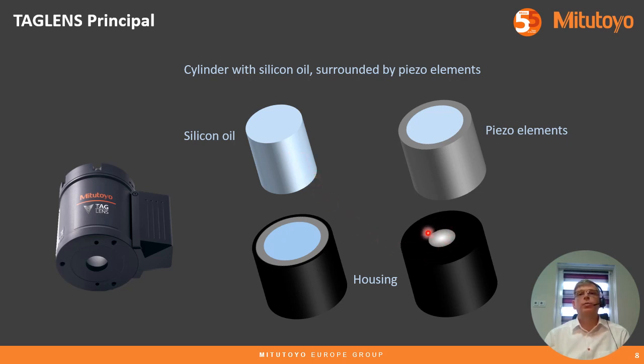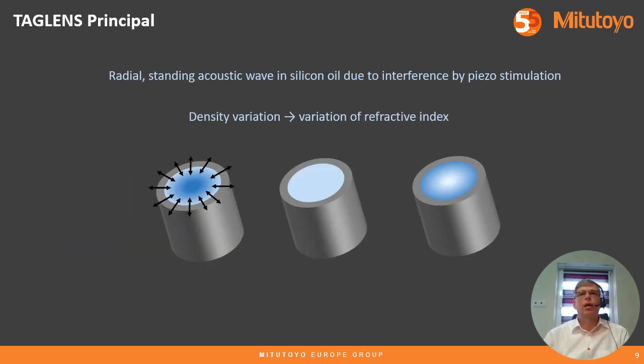On the top and bottom side of this cylinder is a window with an aperture of about 11 millimeters. Here you also can see the bottom side with the window. The piezo elements generate a radial standing acoustic wave in the silicon oil due to interference.